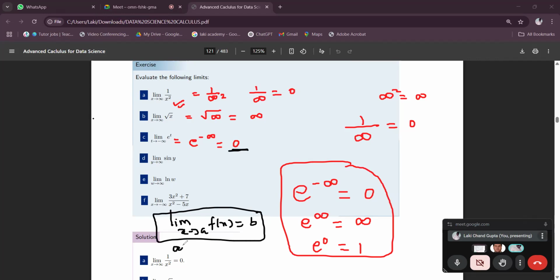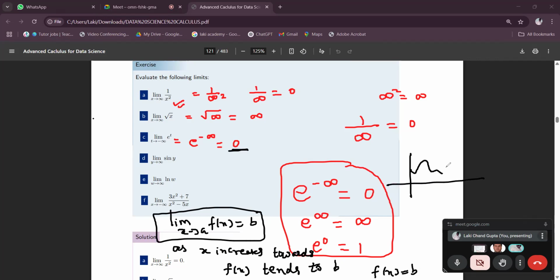You can say as x increases towards a, the function tends to b. You cannot say the function is equal to b, because when you see the graph, I already told you this is f of a and this is the limit.